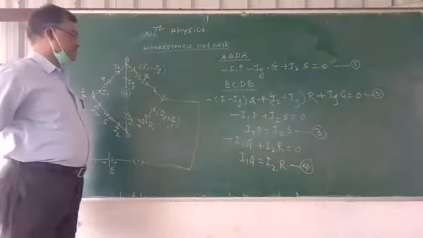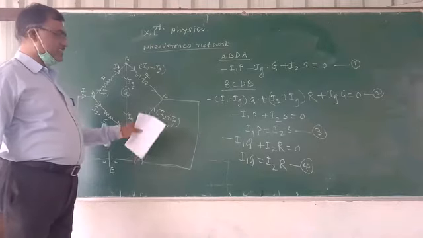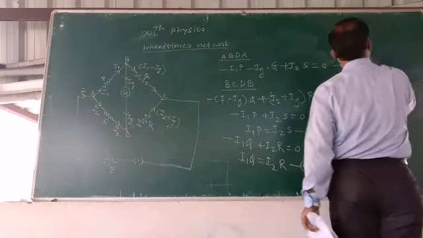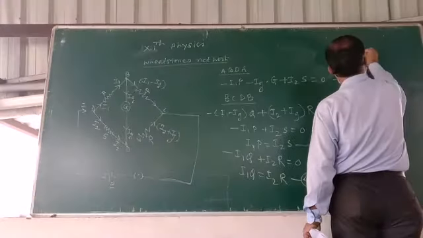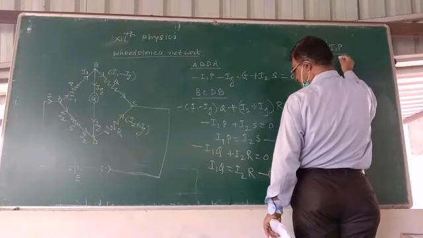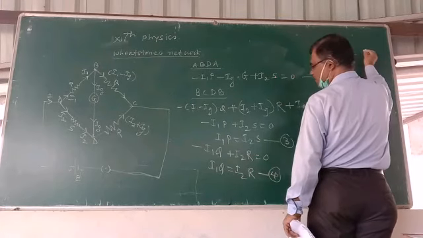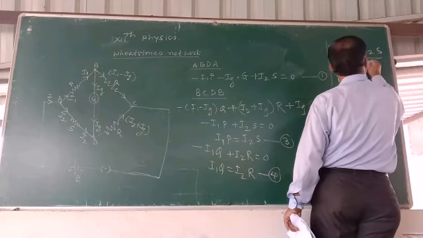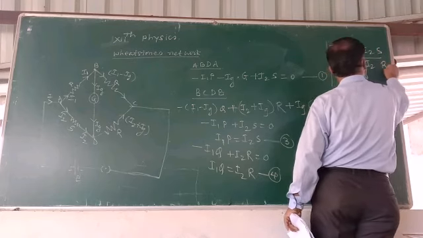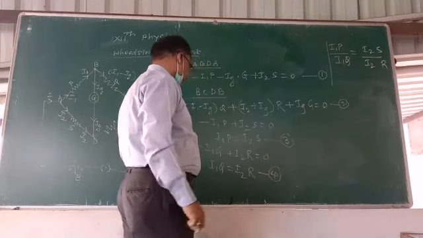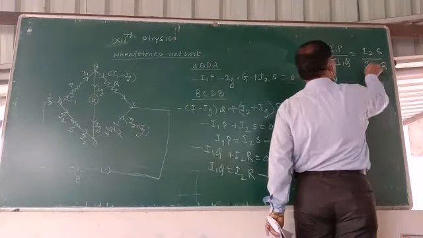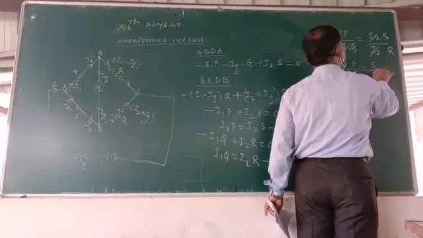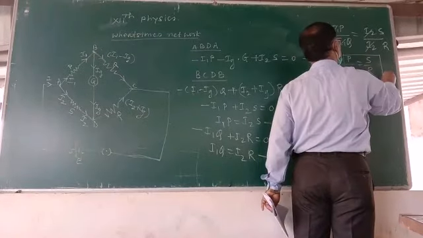Dividing equation 3 by equation 4, we get I1P upon I1Q equal to I2S divided by I2R. Therefore I2 cancels out and I1 cancels out, so P by Q is equal to S by R. This is the balance condition of the Wheatstone network.